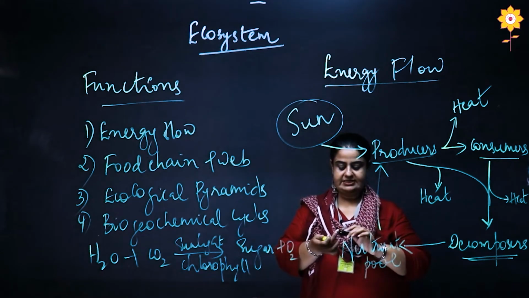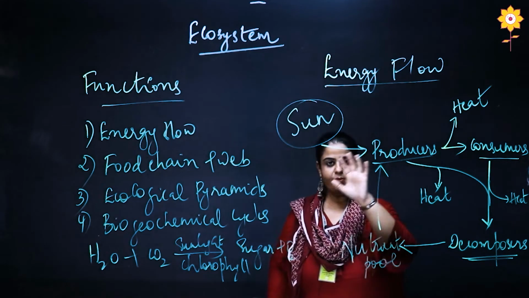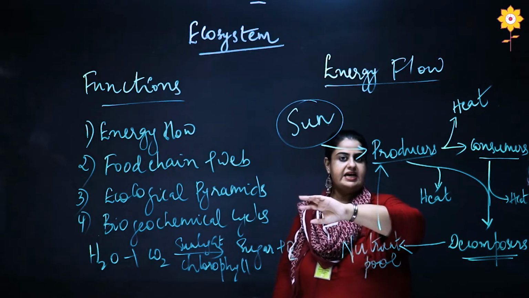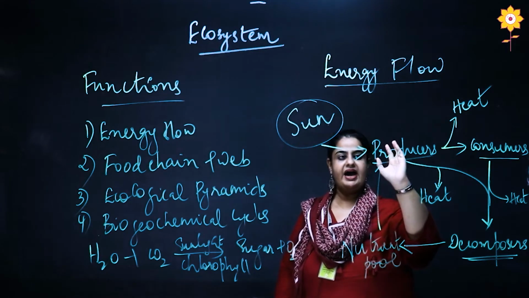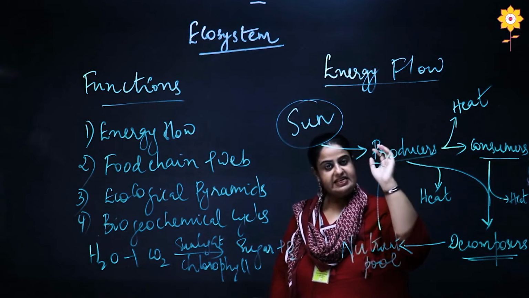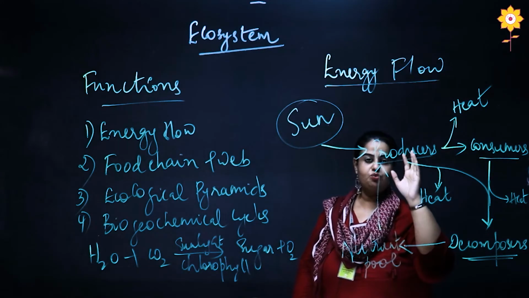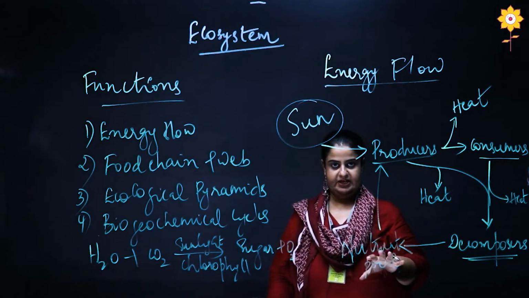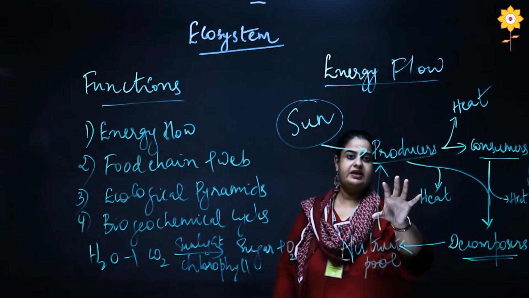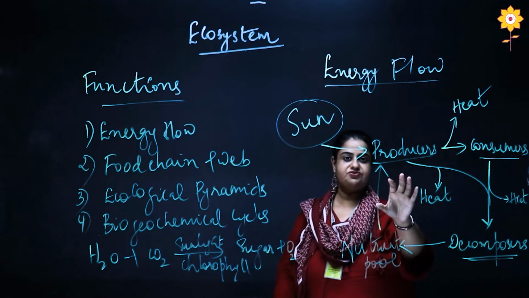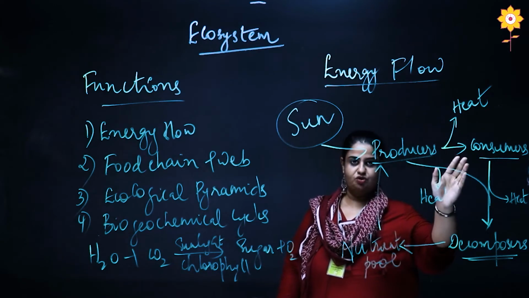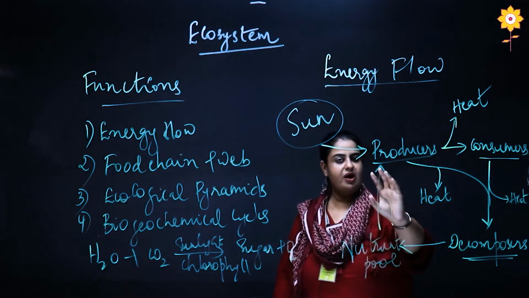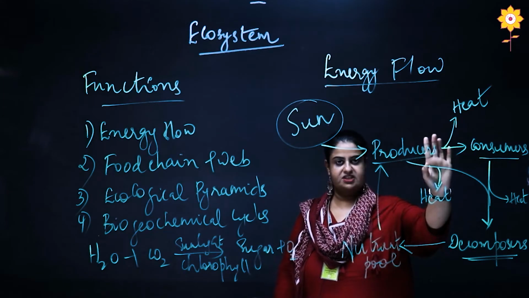In simple words, let us just recap what we have discussed. Solar energy from the sun is being captured by the producers. This trapped energy, they use it for photosynthesis by which they produce their own food. Now, the energy in this food is transferred to the consumers when they consume the food produced, but some amount during this process is lost in the form of heat.